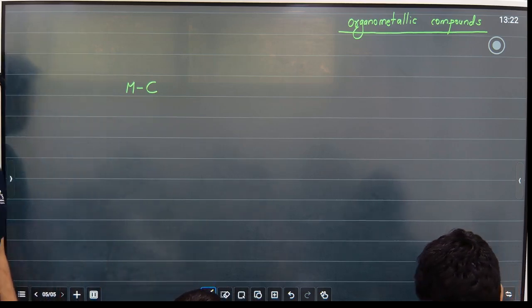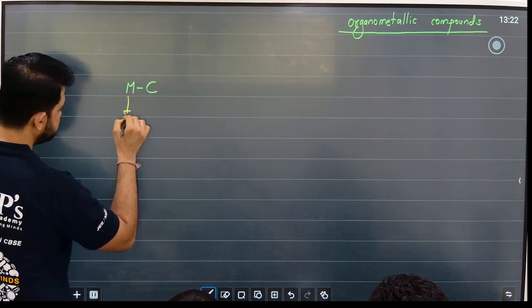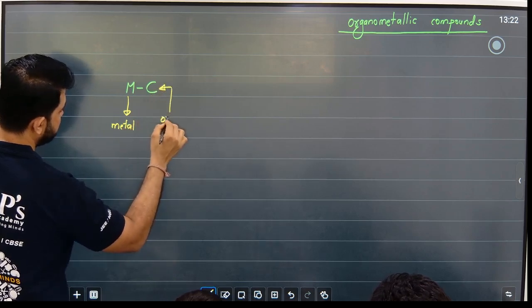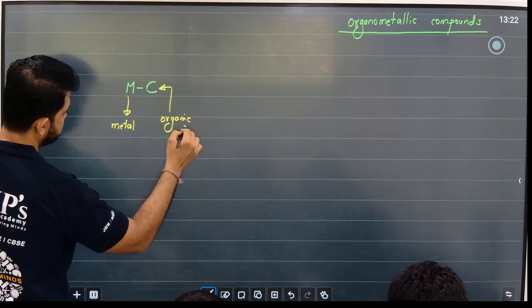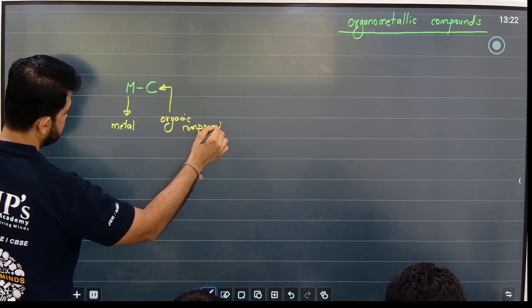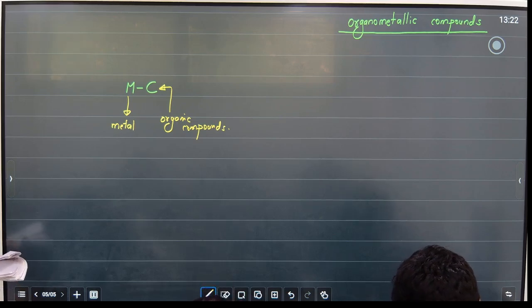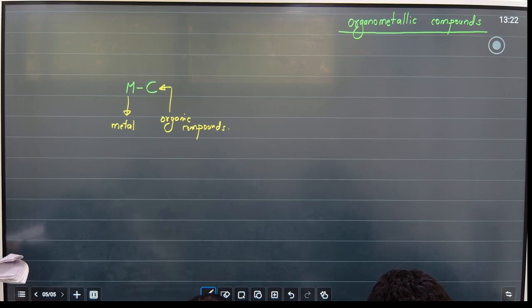Compounds containing metal carbon bond are known as organometallic compounds. इनके examples and applications now we'll write together.